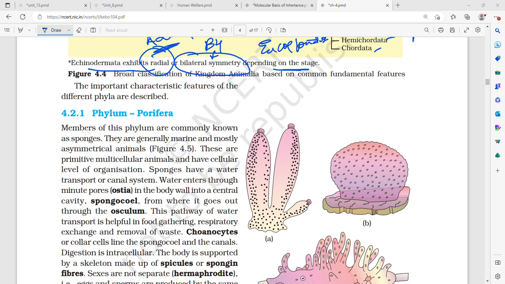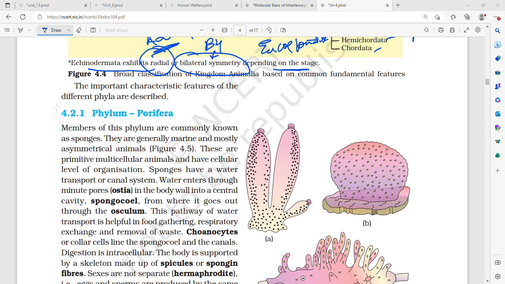Then comes your circulatory system. Why am I saying digestive system, circulatory system.